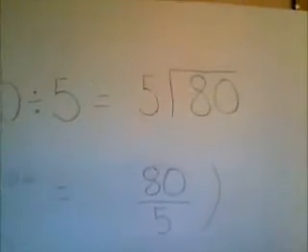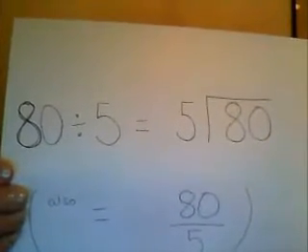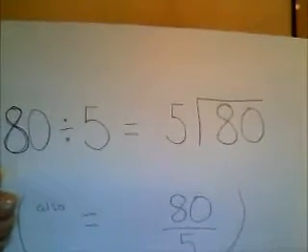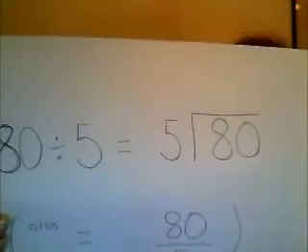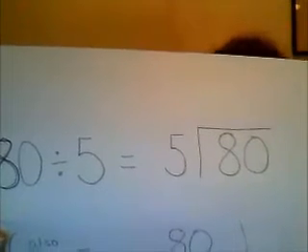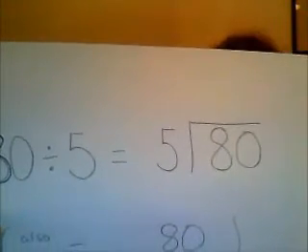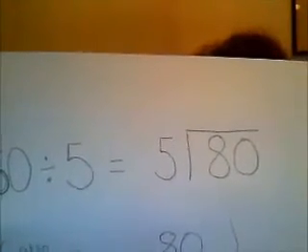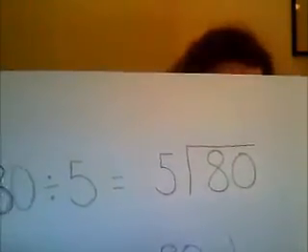All of those statements, all of those ways of representing this division are equal. They all have the same quotient. They all yield the same result. If you understand that, then that's the first hurdle.